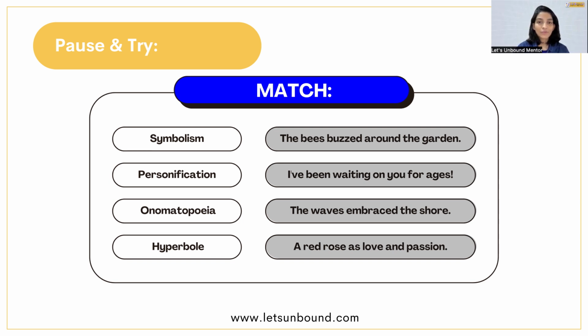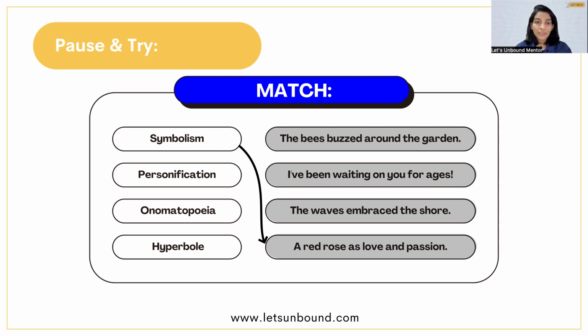So let's have a look at the first one. We have to see which one is symbolism. Now the symbolism has to be the red rose as love and passion. Now, a red rose symbolizes love and passion because of its vibrant color and a traditional association with romantic gestures to convey deep emotional connections, right? And that is why it should be symbolism.